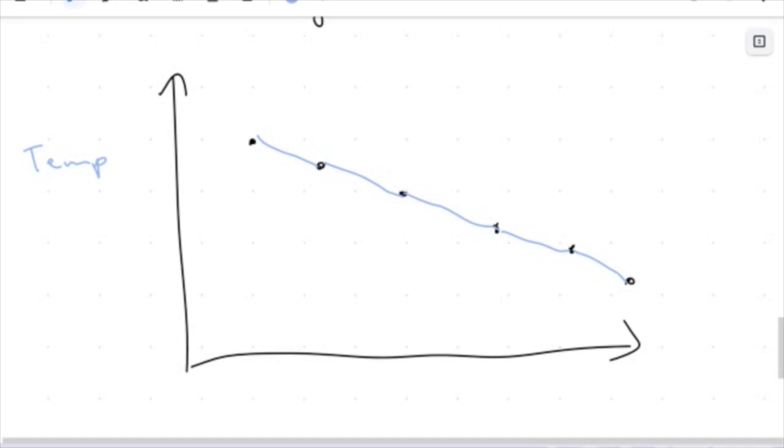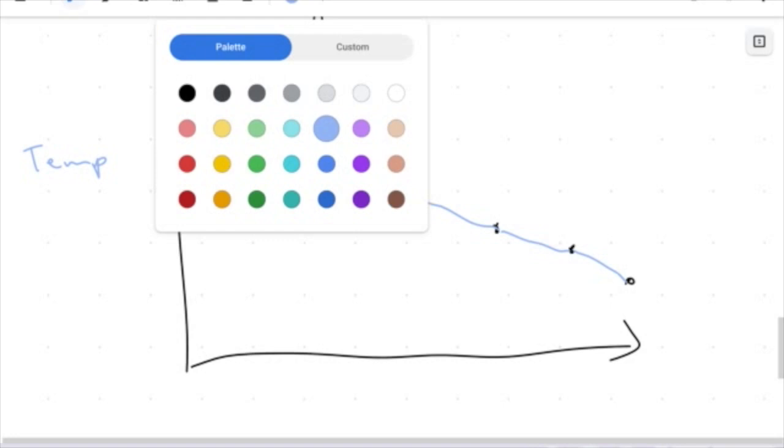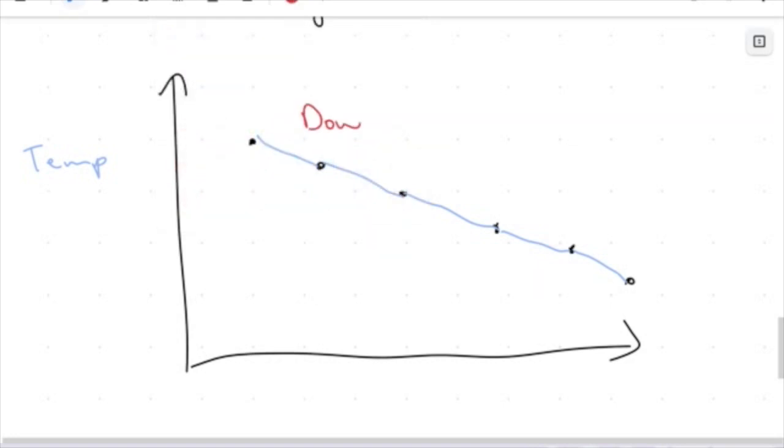So the drop between these points, first of all, it's a downward trend. So it goes downward. And once we connect all the dots, they get very close to being a straight line. If we just go through here, we can sort of see it's very close to being straight. So this is a downward linear trend.